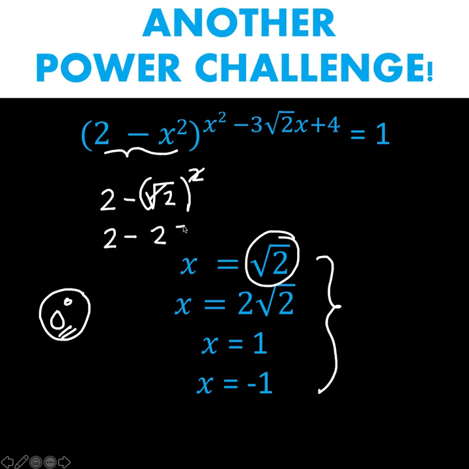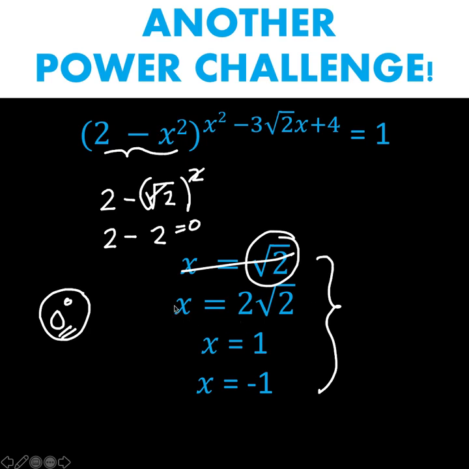And 2 minus 2 is 0. This means that if we accept x equals square root of 2, then our base would become 0. And since this exponent is 0 when we let x be equal to square root of 2, then there is a problem. And because of this problem, we are going to remove square root of 2 as a solution.